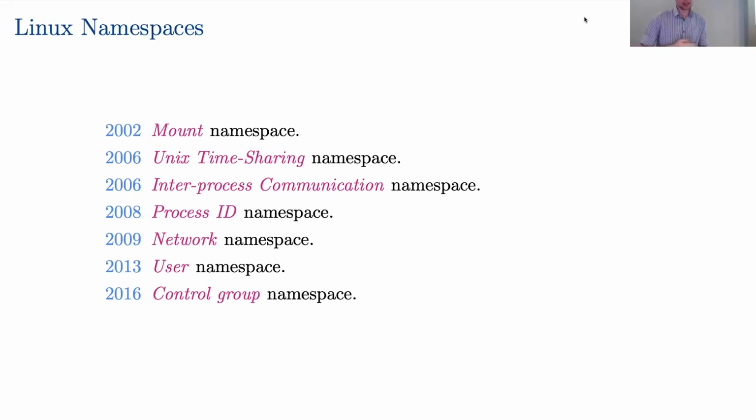And then in 2009, we had the network namespace that allowed us to isolate network drives, and then user and then control group. And along the way, while we were adding namespaces to Linux, we had a whole bunch of people working on what would probably later become a container.